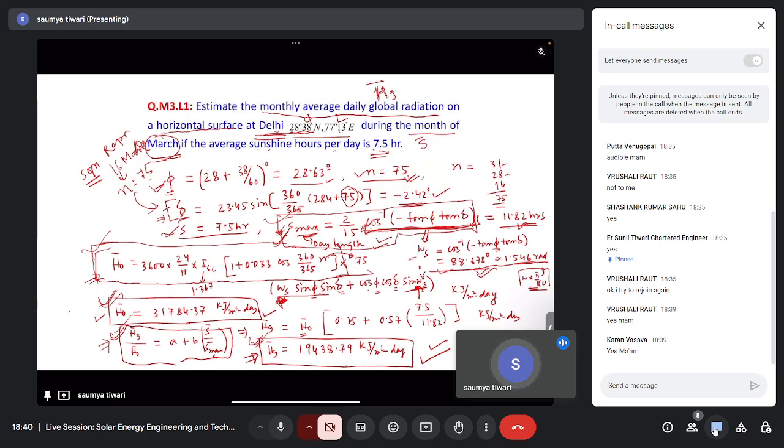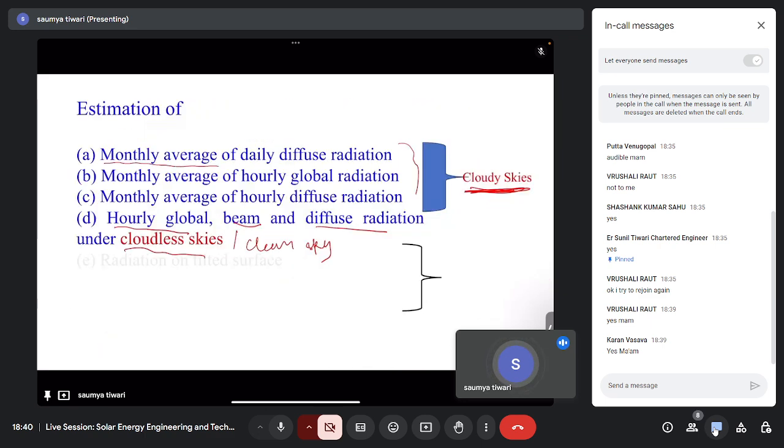The other parameters we have to see are the monthly average daily diffuse radiation, which is Hd bar, the monthly average hourly global radiation, which is Ig bar, and the monthly average hourly diffuse radiation. This is for cloudy sky; we are still talking about cloudy sky. Then we'll look at the clean or cloudless sky, and the value of global, beam and diffuse radiation. Again, some empirical relations are given.